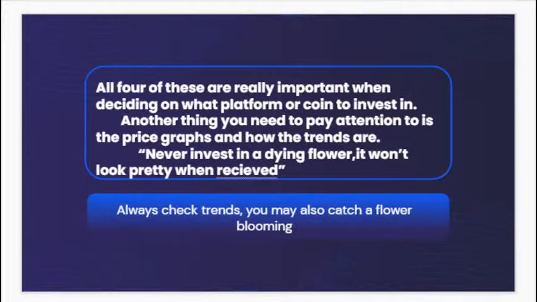Moving on from there, since all four of these are really important when deciding on the platform or coin to invest in, another thing you need to pay attention to is the price graphs and how the trends are. So you never want to invest in a dying flower. It won't look pretty when you receive it. For example, if you're buying a coin that's been steadily rising and suddenly it plateaus and starts falling, that can be an okay time to buy in some situations.